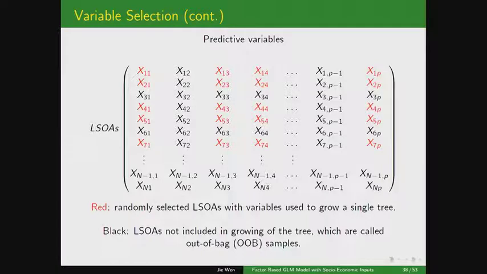All of these selections are done randomly for each individual tree. Those red ones are the selected RSOAs, and they are used to grow the tree. The other unselected observations are called out-of-bag samples. They are left aside for each tree, so they are not used at all to grow the tree.